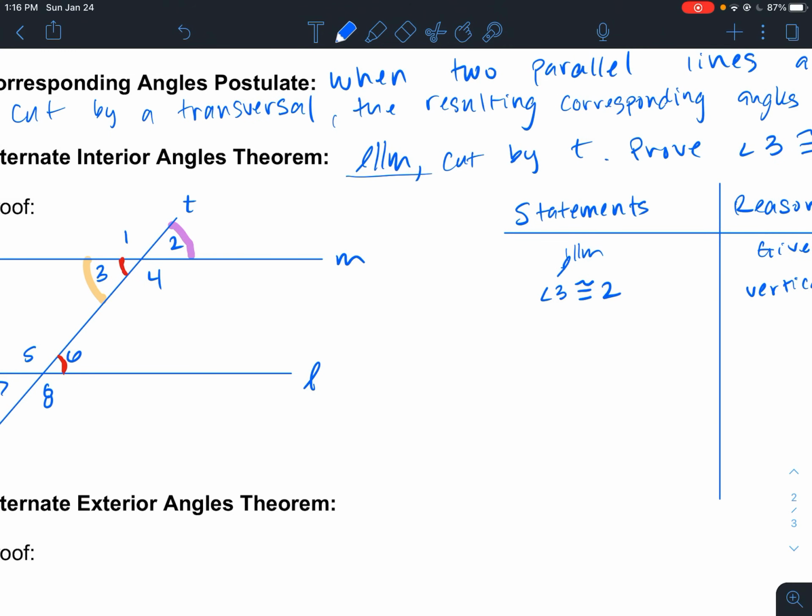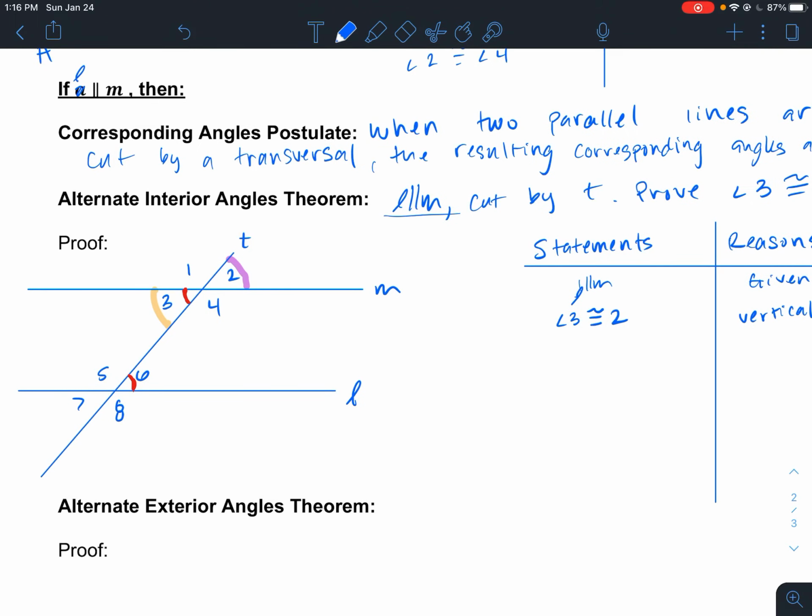Now, what do I know that angle 2 is congruent to? Thing is, from the corresponding angles, remember, corresponding angles are also congruent. So let's see, what are the corresponding angles to angle 2? Well, angle 2 corresponds with angle 6, right?